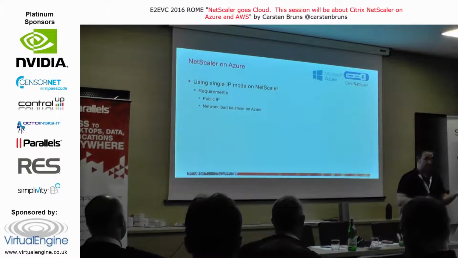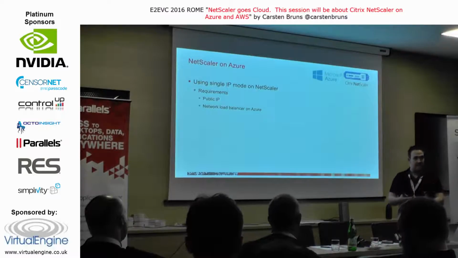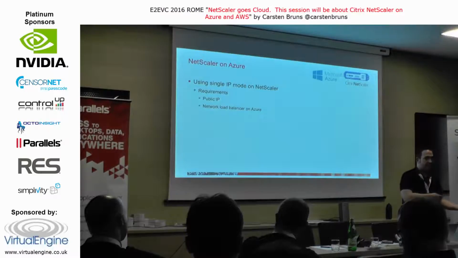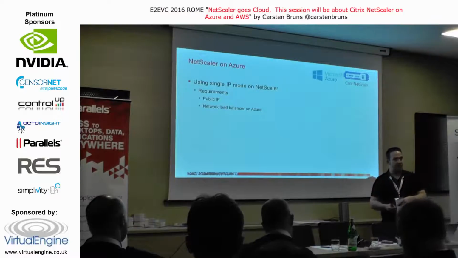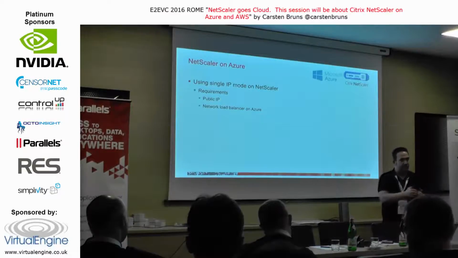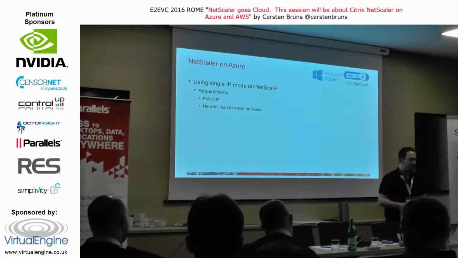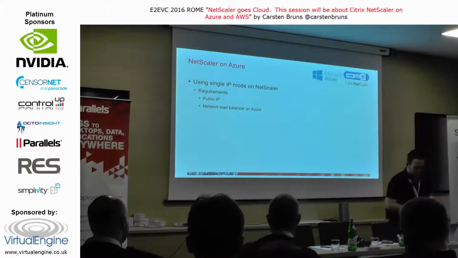You have a public IP address which is listening on the DNS record on port 443, and you will create a NAT rule on your Azure load balancer to give the traffic to your NetScaler on port 444, something like this, or 10444. So this is what you have to do to get it up and running.